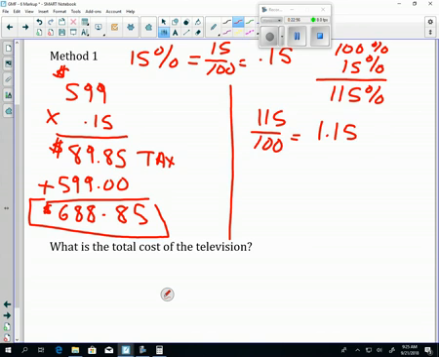So if I take my original amount, $599, and I multiply it by 1.15, not 0.15, I'll get my final answer in one step. It'll come out to $688.85. So you can skip a step by just using 1.15 instead of 0.15 and then adding it. Okay?